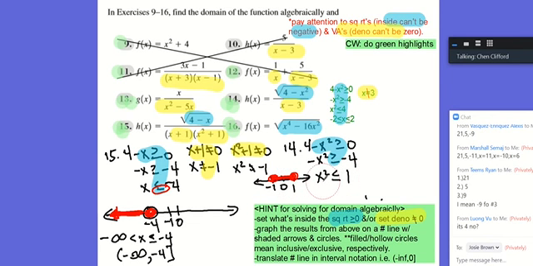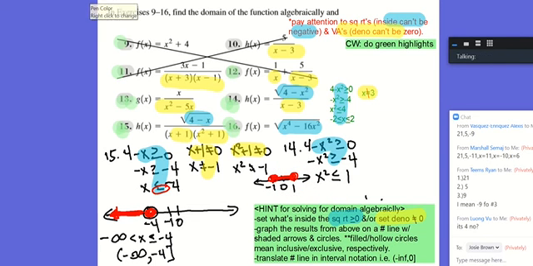Let's try 0.5. 0.5 squared is 0.25. Same thing with -0.5. -0.5 squared is going to be positive 0.25. So long story short, anything within the dumbbell is going to make this true.